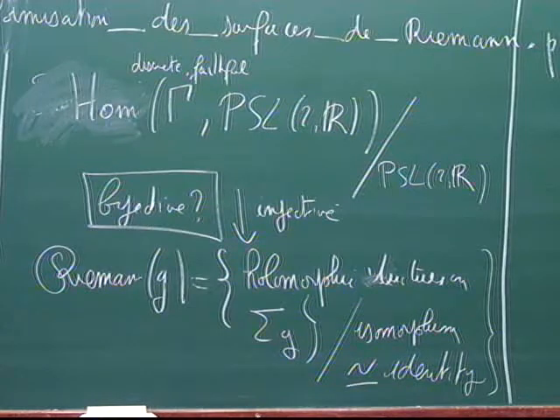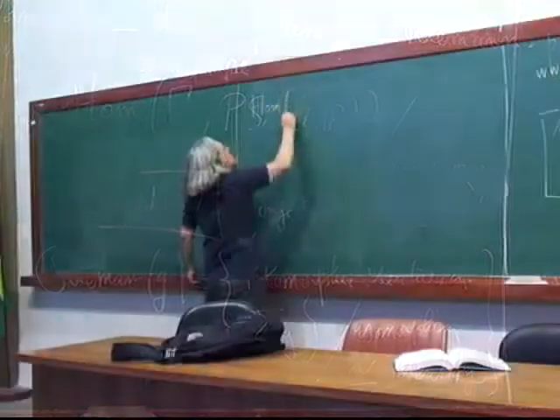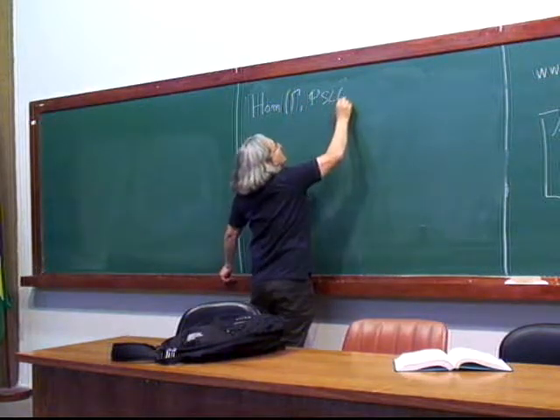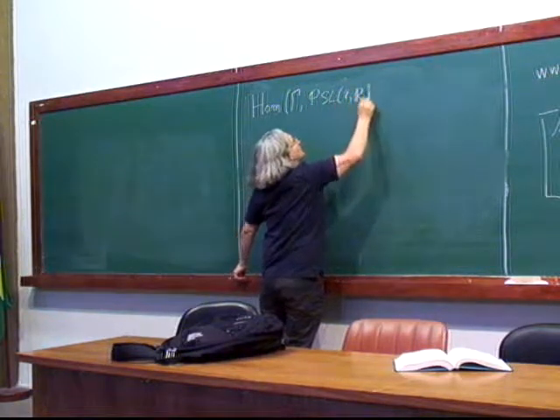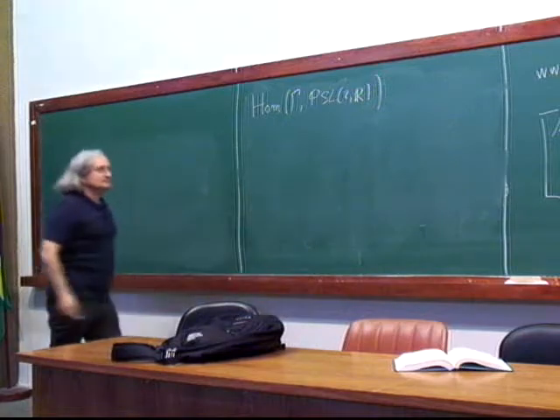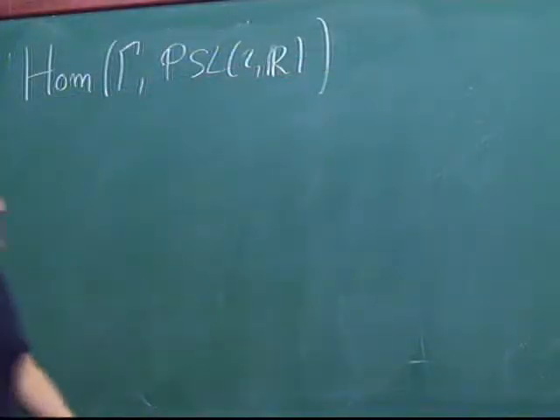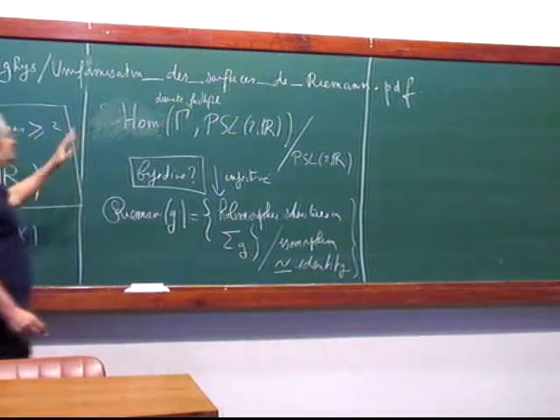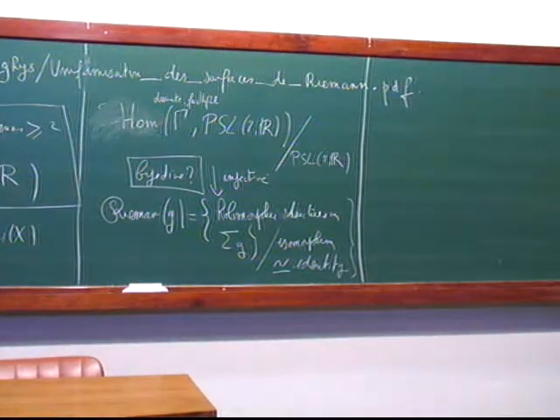I will just sketch a few of the main ideas. The first thing is this. Let us consider the space of all homomorphisms of Gamma in PSL2R. For the time being, I'm not looking at this quotient, and I'm not looking at this part, discrete faithful. What can be said about that?